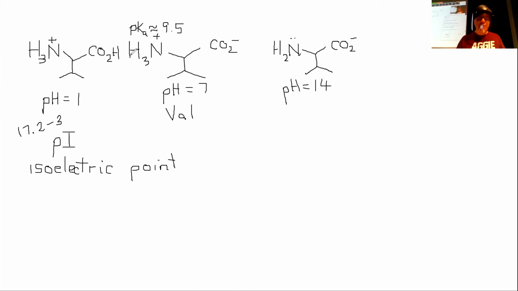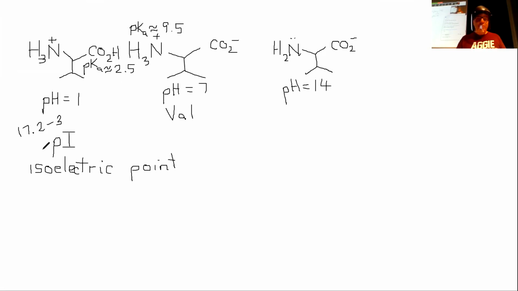But it'd be great if you knew that these ammonium groups tend to be round and about 9.5 or 10. Likewise, these carboxylic acid groups tend to be roughly 2.5, thereabouts. I think you'll find they're all pretty close. You know, there might be one that's 2.3 and another that's 2.6. But I think you'll find they're all round and about 2.5.